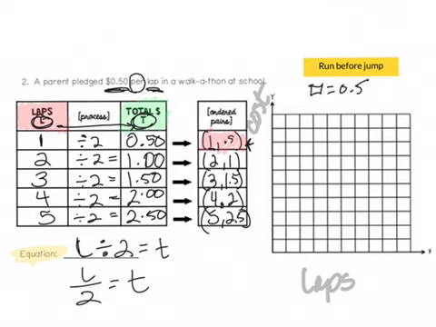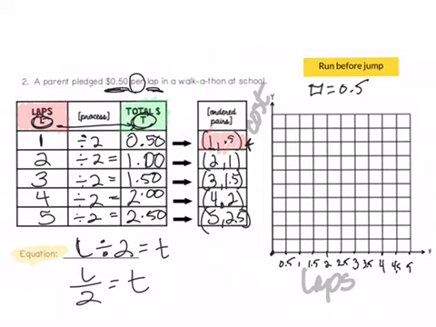So let's do some labeling. If this is 0, then this is going to be 1/2. This is going to be 1. This is going to be 1.5. This is going to be 2, etc. So the reason I'm changing this is because I have a different size of values that I'm working with. This is going to help me be more accurate with my graphing.